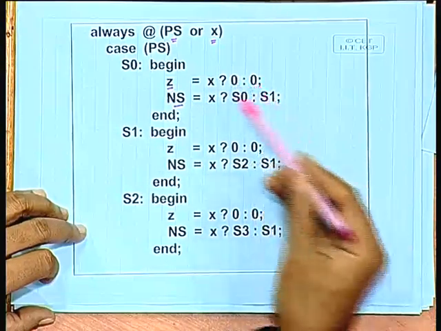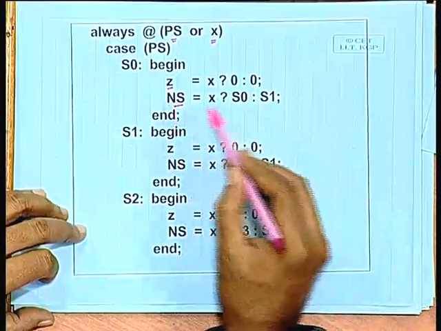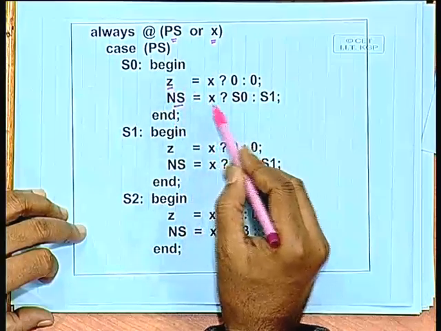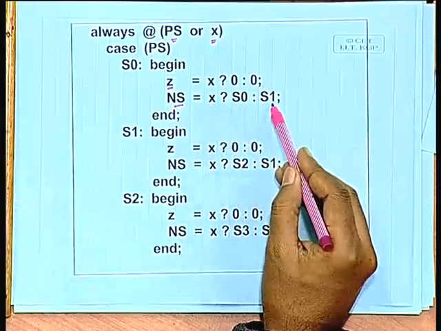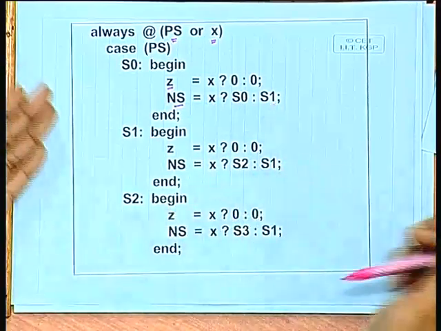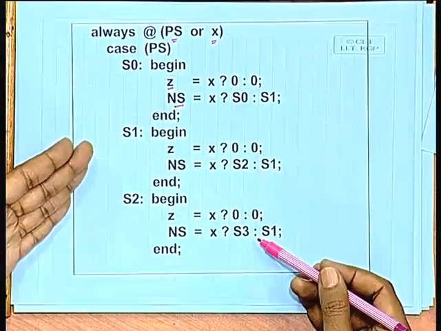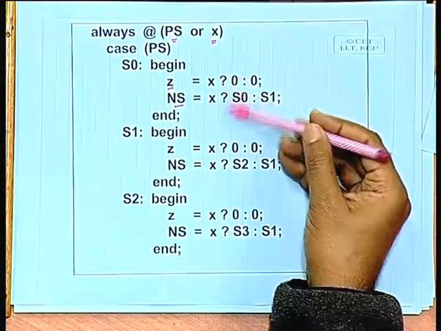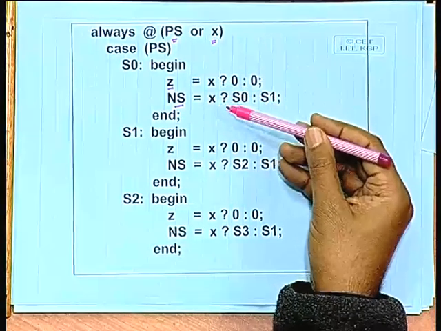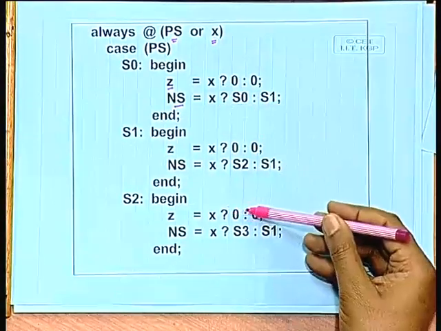Next state, if the input is 1, you remain in S0, if the input is 0, you move to S1. Just from the state diagram you can directly code this. So, in a similar way you can code the output transition and the next state transition for all the different combinations.